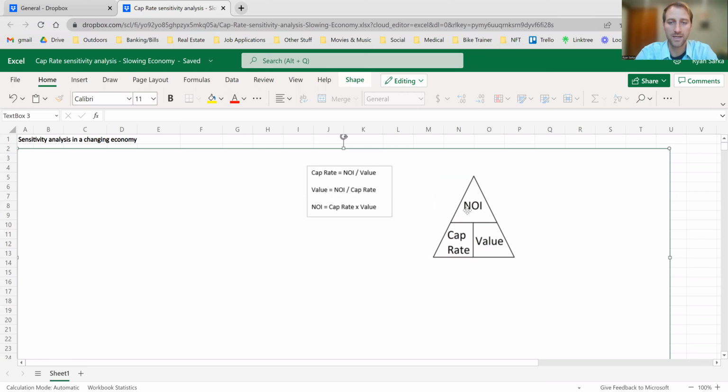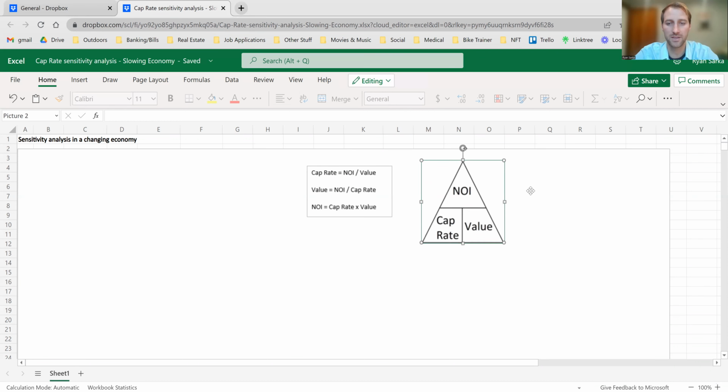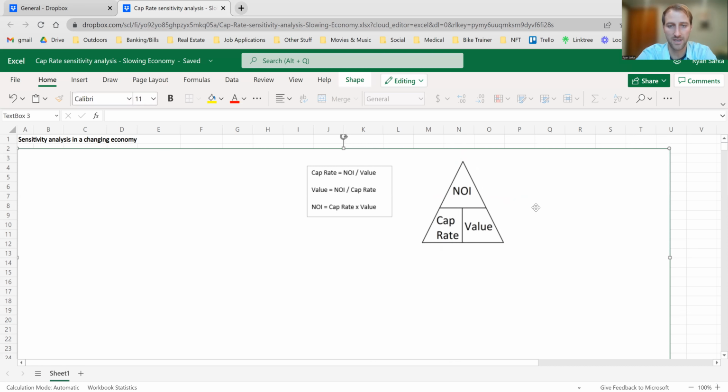I like to use this handy little triangle, this algebra chart that I learned in probably elementary school. If you do this, it makes it really easy to remember how all of these different metrics interact with each other. On the left-hand side here, you can see cap rate equals NOI divided by value.